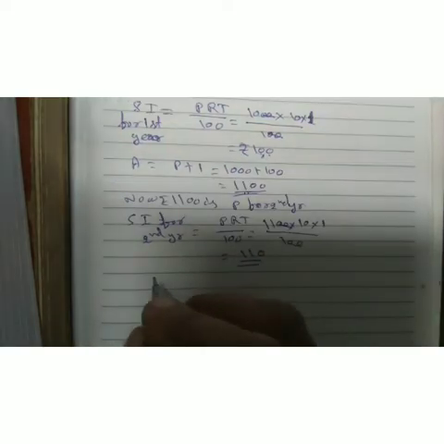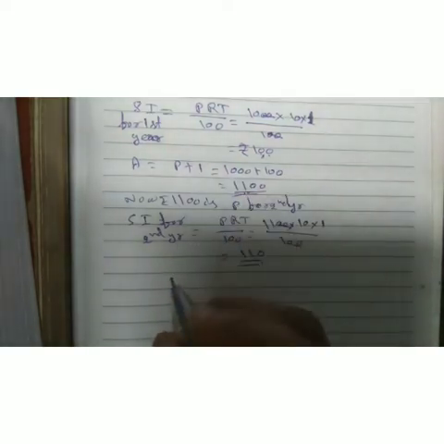So what is the total interest? That is known as the compound interest. So compound interest is equal to 100 plus 110, it is 210. This is the compound interest for the 2 years. Then it is asked how much amount will be paid.